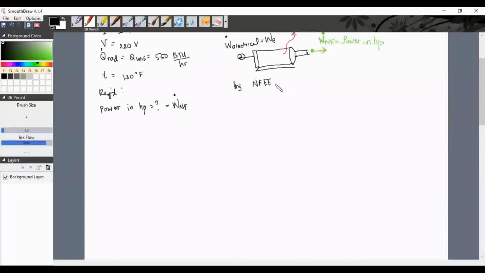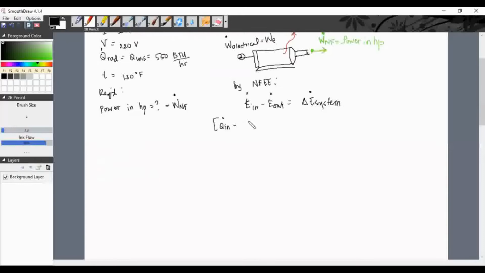We have energy in minus energy out equals delta E. So we have Q in, so per time basis ito, no?